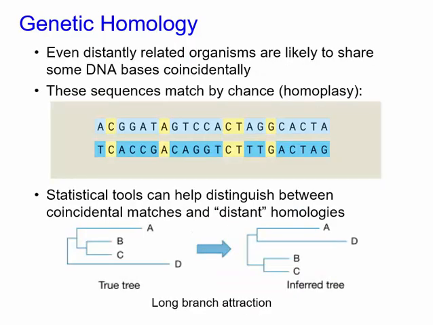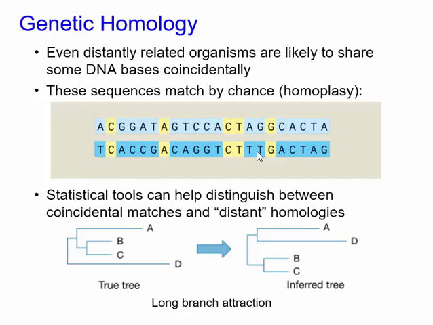Now, where it potentially gets a little more difficult is if we have really distantly related organisms, and depending on the gene we're looking at as well, whether that's a slowly evolving or more quickly evolving gene. If we look at these 2 DNA sequences here, 1 and 2, we can align them. The matching bases here are highlighted in yellow.